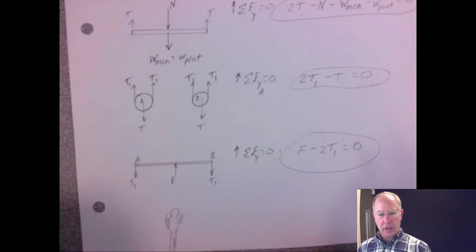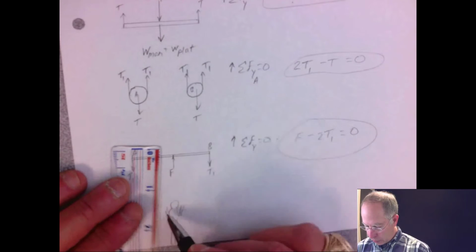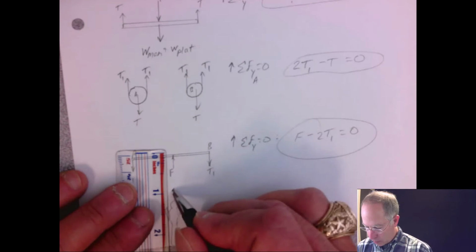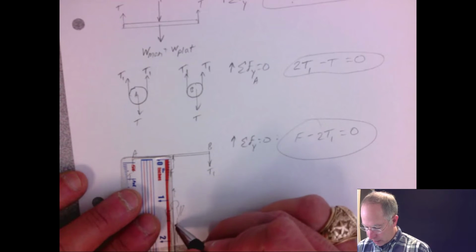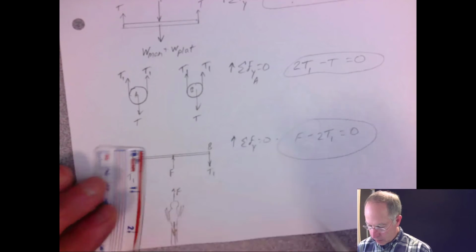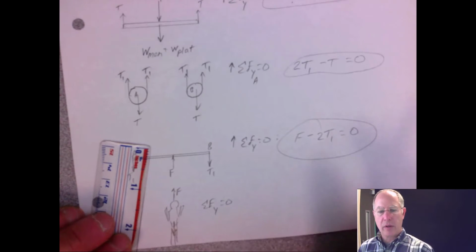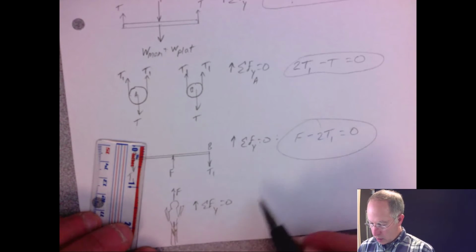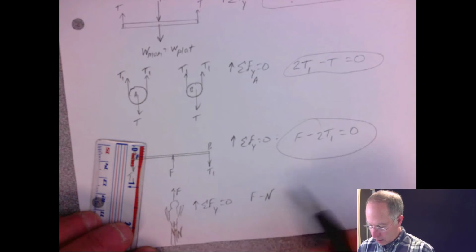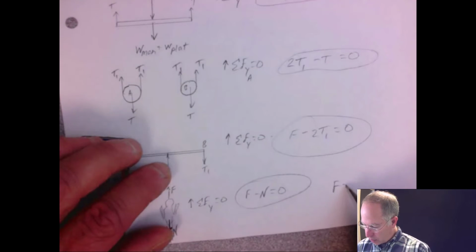All right, so there's a sketch of the person. And we've resolved half the force in this hand and half the force in this hand. So we have a force F going up, and we have an N going down. Summating forces y equal to 0, F minus N equals 0. So here we can say that force is equal to N.